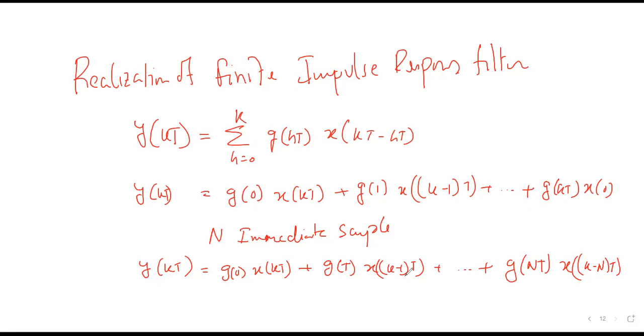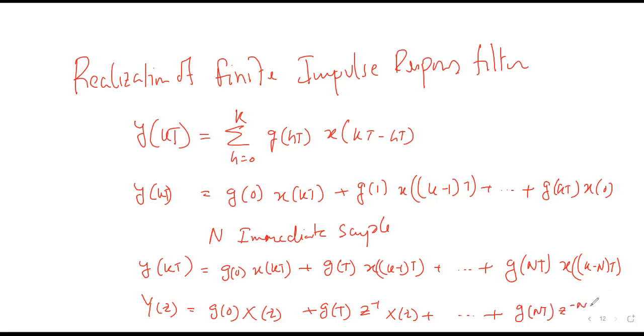Now, how can we represent this? If you go into the z plane, representing this is very simple. Y(z) equals g, which are just weighting functions, the magnitudes; we don't have to bother about that. So the g magnitudes with the delayed versions of our input X(z), going up to g(n) z to the power minus n X(z).